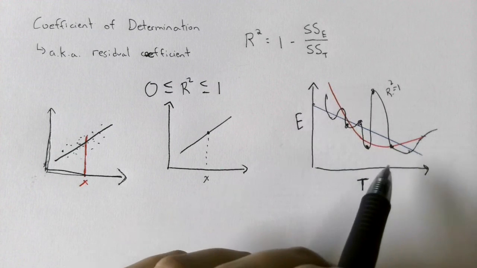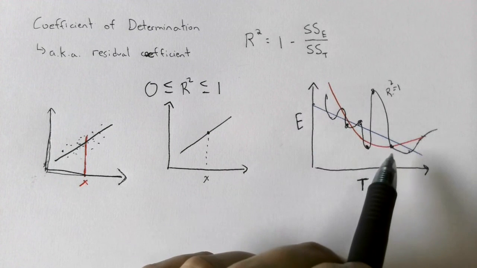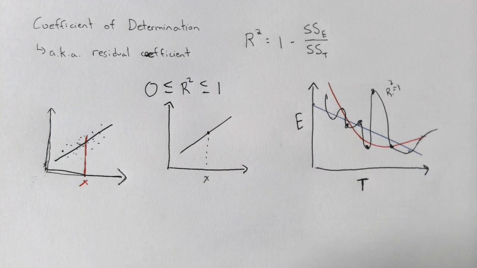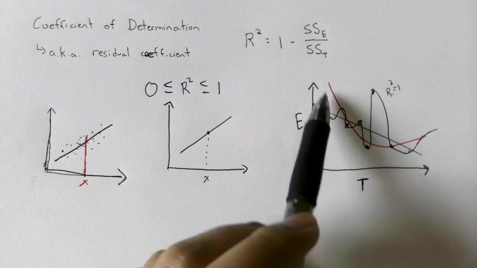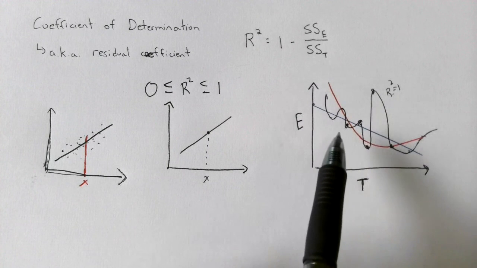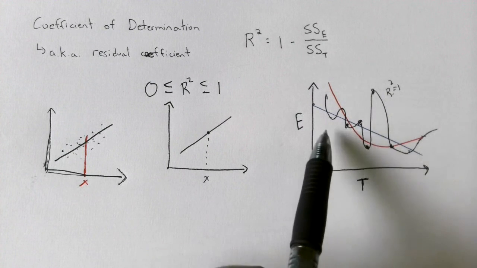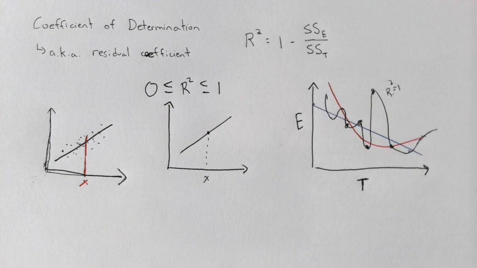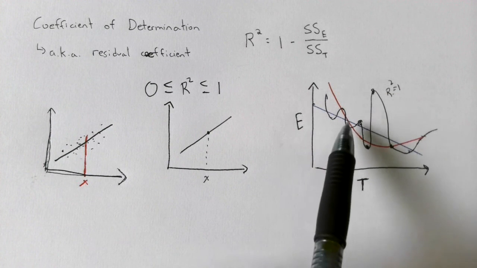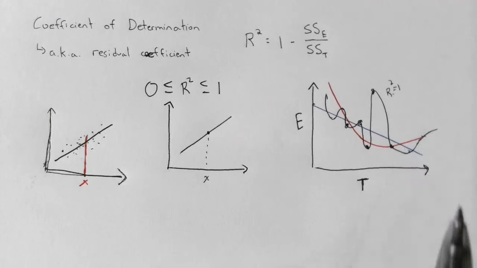So we can't even come up with a general pattern to say, well, the more temperature, the less error or the more error. Whereas these lines do allow us to come up with a pattern and say, error seems to be higher at lower temperatures. There are exceptions, of course, but in general, error seems to decrease as the temperature increases. However, our nice polynomial equation with an R squared equal to 1 does not actually reflect that.